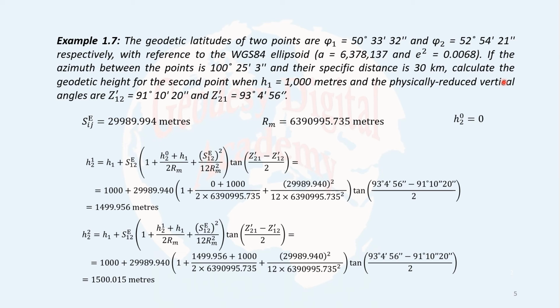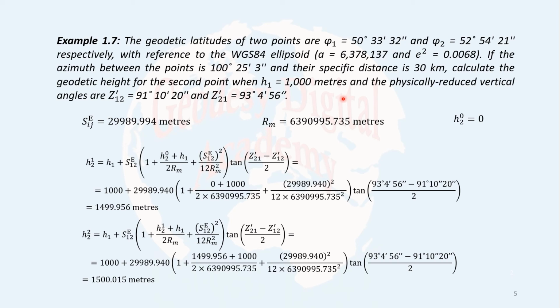Calculate the geodetic height for the second point when the height of the first point is 1,000 meters, and the physically reduced vertical angles are given. Physically reduced vertical angle means that we have removed the effect of the gravity field from the angles.